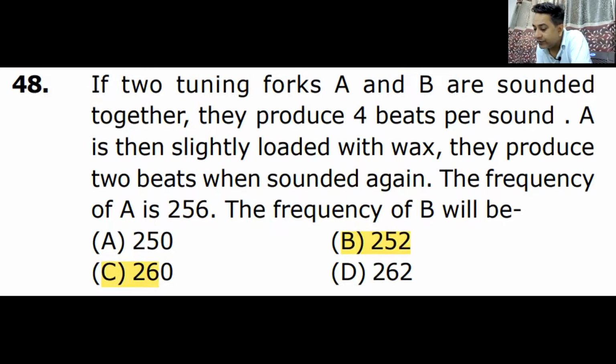A has been loaded, so A's frequency will reduce. 256 might become 253, 255, 254. Which is the correct option? The frequency of B. It does not require physics. It requires common sense, and you have gathered a lot of common sense in the past days. And that is, 252 is the correct answer.